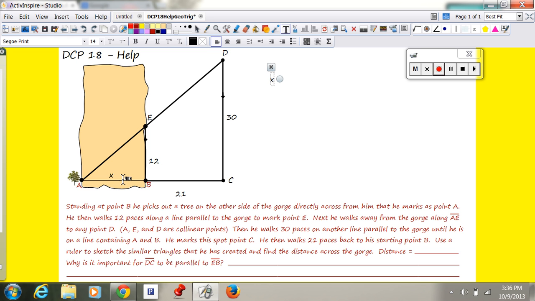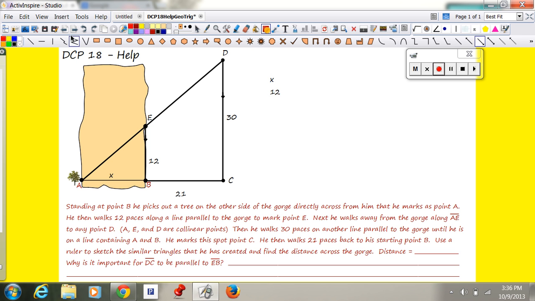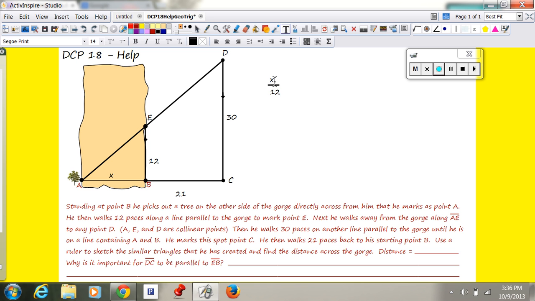So I could put the back side over the bottom side, x over 12. That would be one ratio, back side over the bottom side. Then my second ratio would need to be the back side over the bottom side of my bigger triangle.